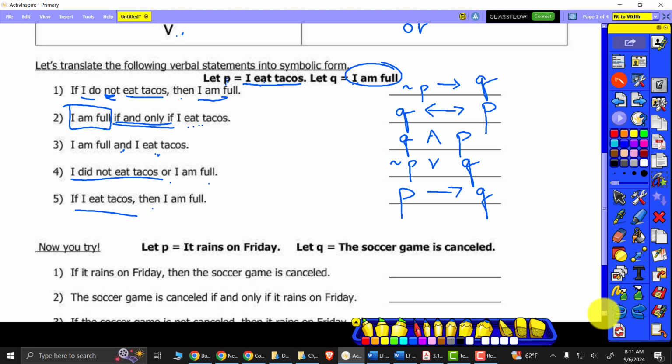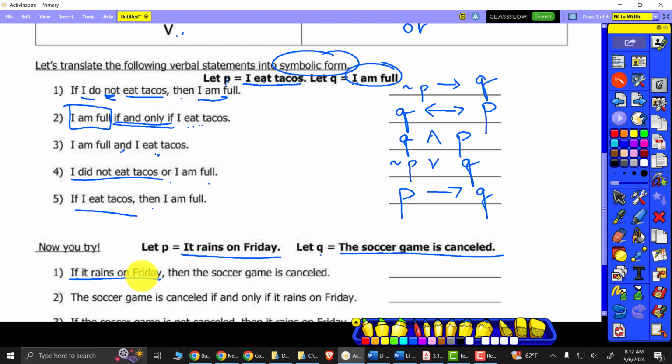Now remember, P here stands for it rains on Friday. Q is the soccer game is canceled. Okay, go ahead. Number 1, how do we rewrite this using our symbolic form? All right, so here, just have to identify what is if it rains on Friday.